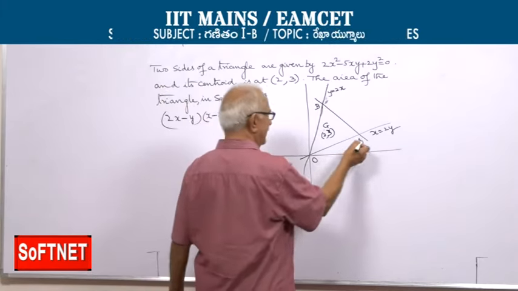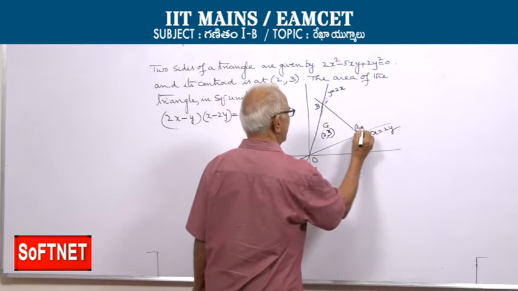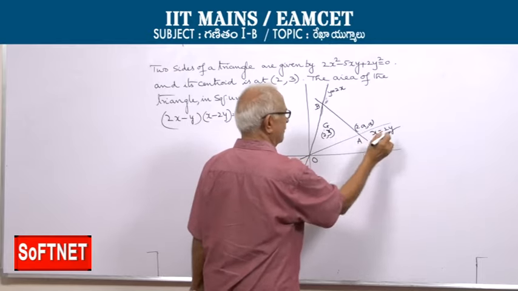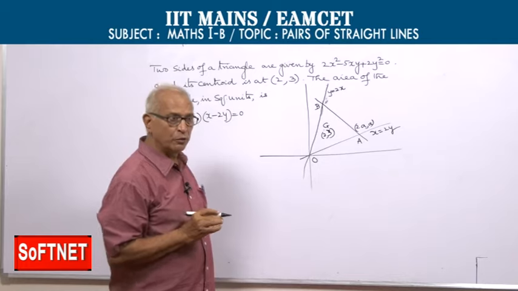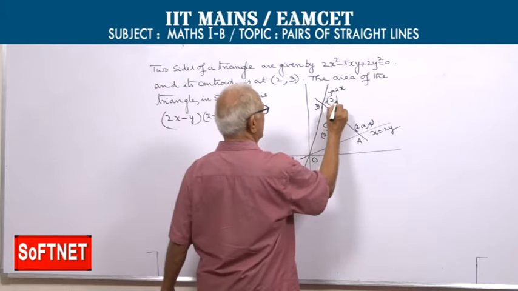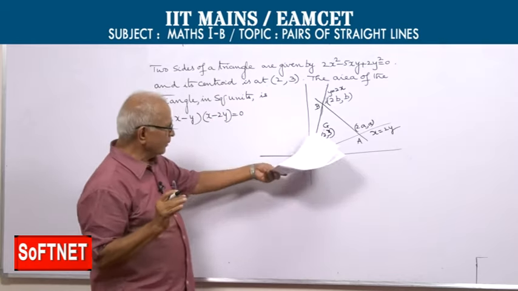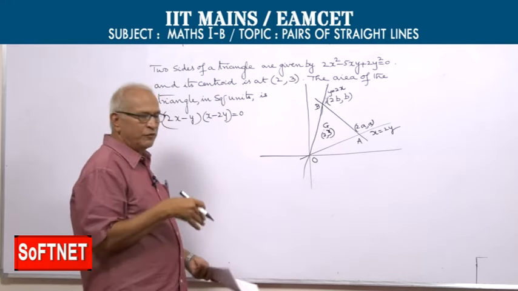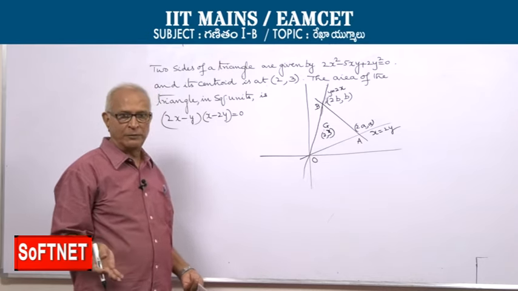Now, point A is on the line x equal to 2y, so it is of the form 2a comma a, because when y is a, x is 2a. And because B is a point on the line y equal to 2x, this is b comma 2b. When x equal to b, y is 2b. And because the centroid is at the point 2, 3, you know the formula for the centroid: x1 plus x2 plus x3 by 3, y1 plus y2 plus y3 by 3.